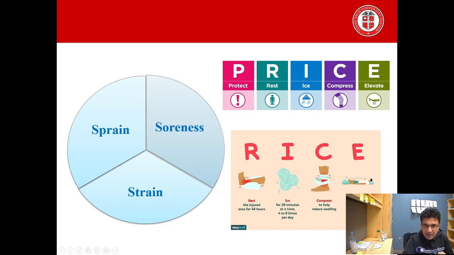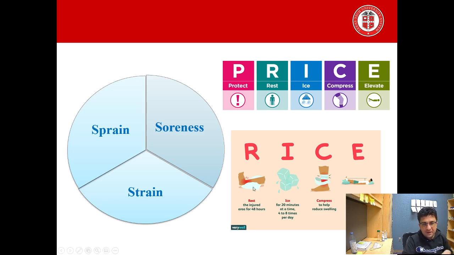Elevation is another interesting thing. So we elevate a lot of lower limb surfaces just to make sure that no edema develops. You can put some pillows and keep the lower limbs elevated, so it won't allow the fluid to accumulate in the feet, because it's common for fluid to accumulate because of the effect of gravity.